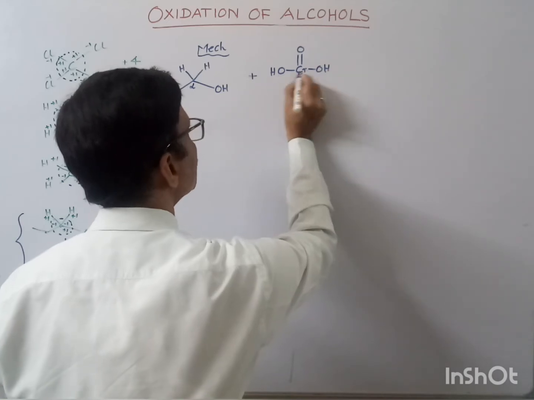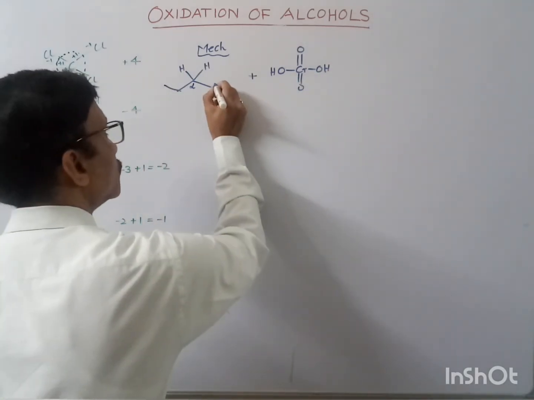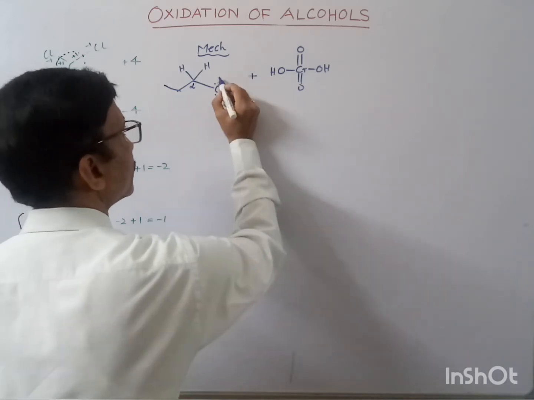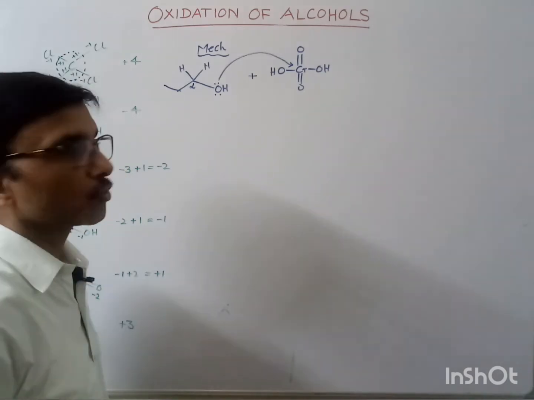that is H2CrO4. In H2CrO4, the lone pair of oxygen will go into the d orbital of this chromium.